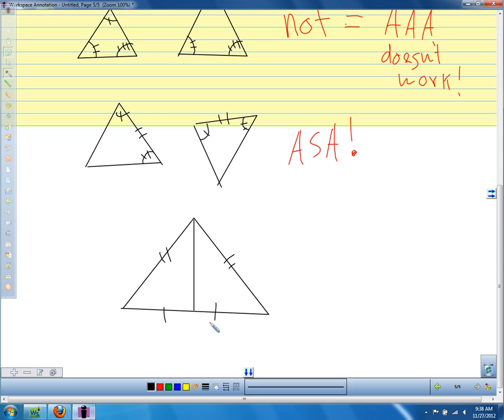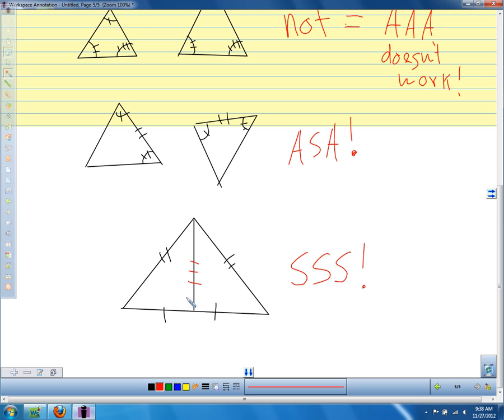Tanner says side, side, side. Why side, side, side? There's only sides. We don't know anything else about the angle. So what do we know about this side for the two triangles? It's the same. It's the same length on each triangle. Segments are congruent to themselves. So I could write this in. That's congruent to itself. So this would be side, side, side.